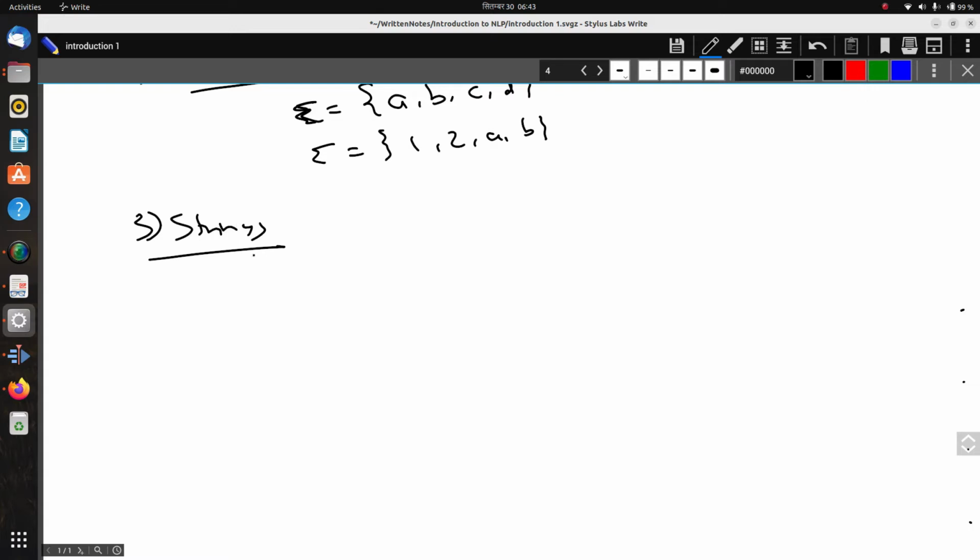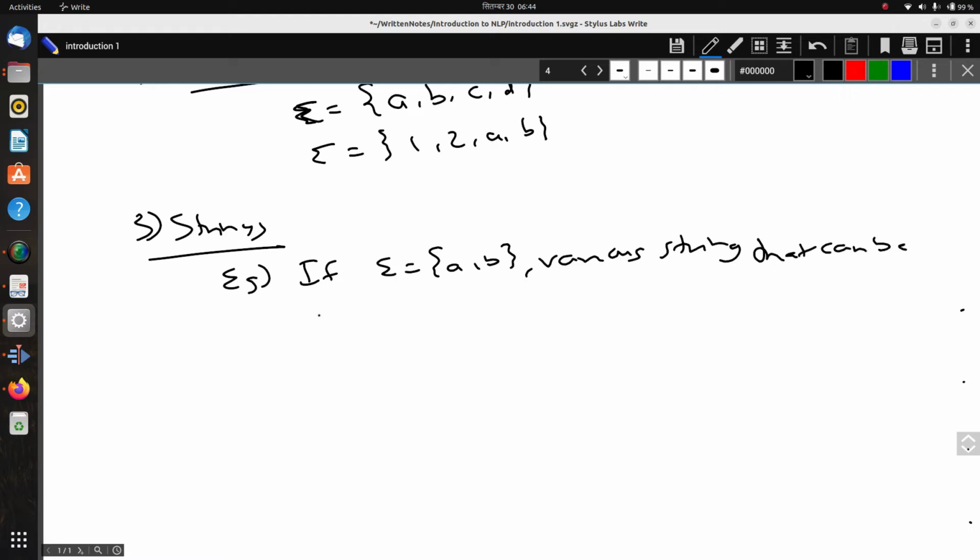A string is denoted by W. For example, if the set A and B are alphabets, various strings that can be formed from the set A and B are A, B, AB, ABB, and things like that. It can go up to an infinite number of strings that can be formed here.